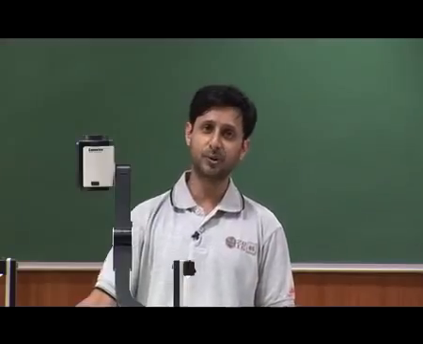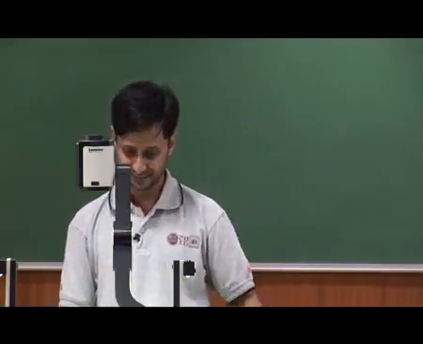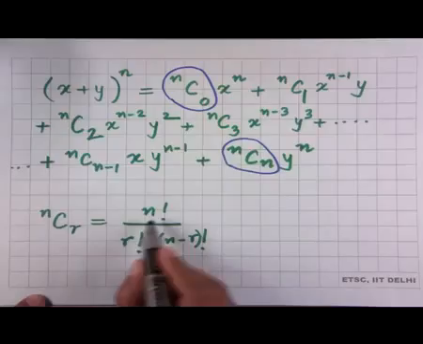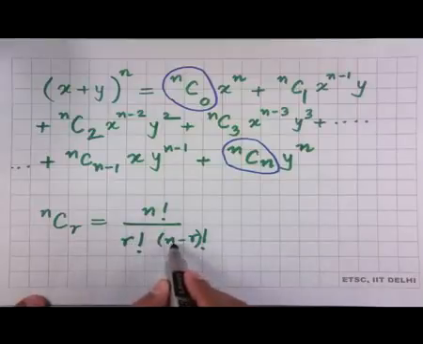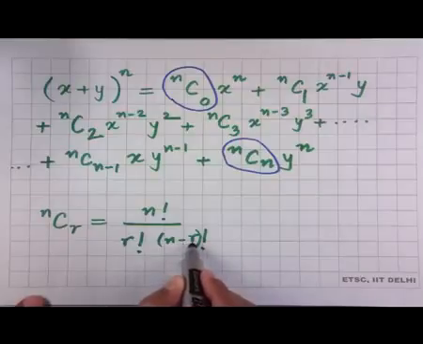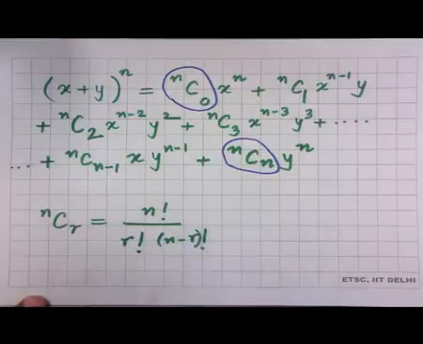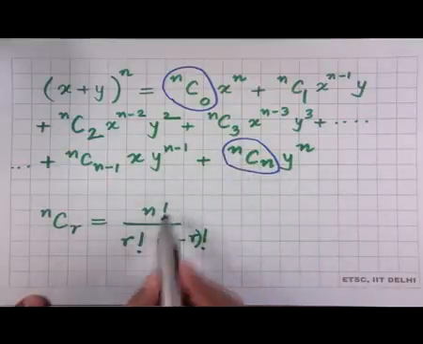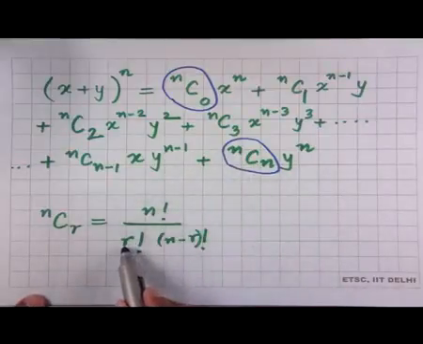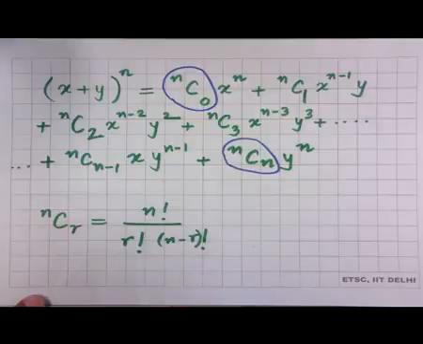Because n choose 0 is factorial n by factorial 0, that is 1, by factorial n minus 0, that is factorial n. So, that is equal to 1, and n choose n is again factorial n by factorial n and factorial 0. So, it is the same result.